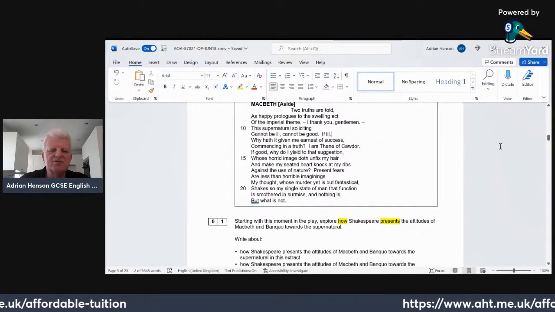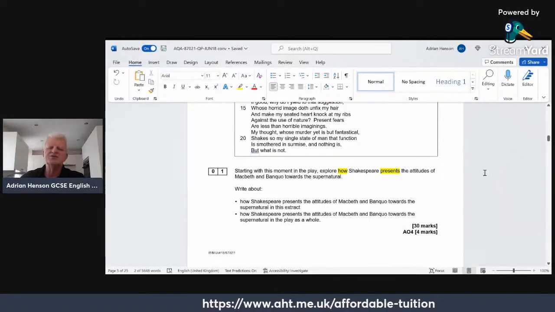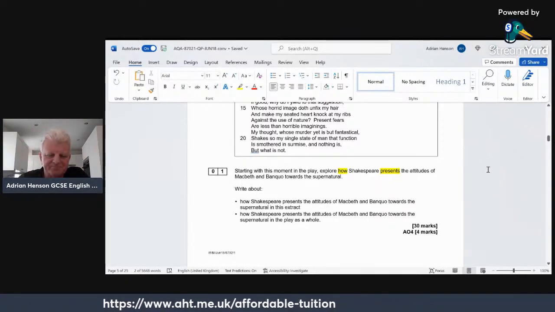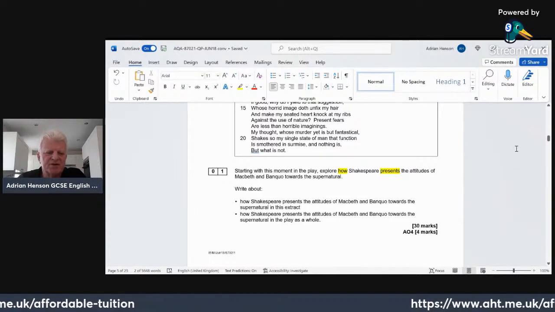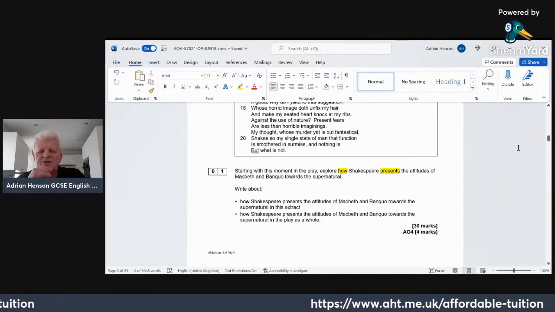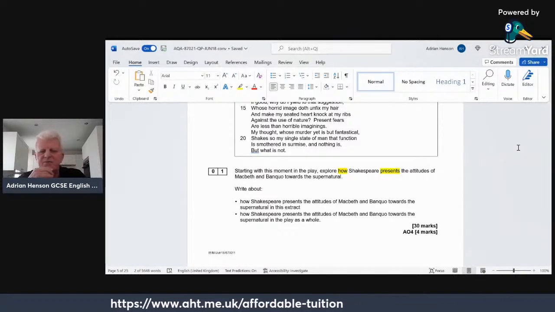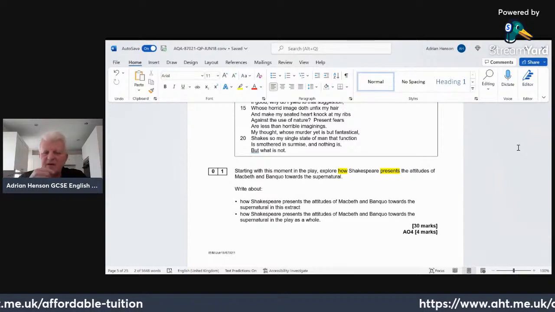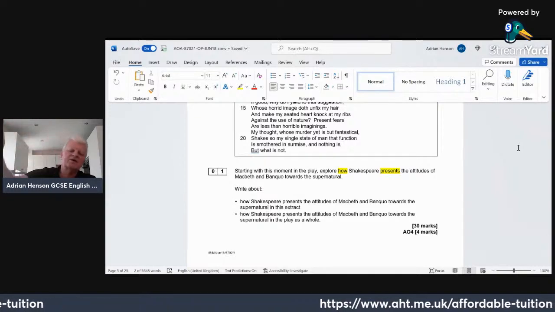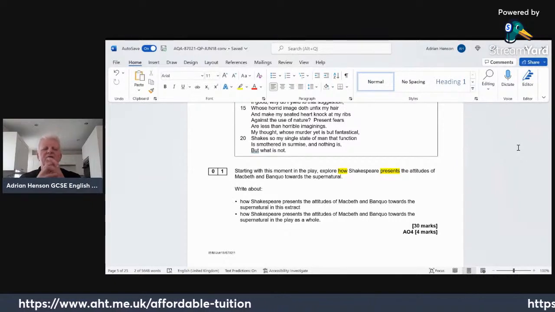So when you look at quotations, you need to go through a play, and sometimes there are so many quotations you can't use them all. But as a rule of thumb, the idea is to look at the characters of a play. The main protagonists in Macbeth are Macbeth and Lady Macbeth, and then you've got the other characters that fold around that, whose input is valid as well, like Banquo at the start.